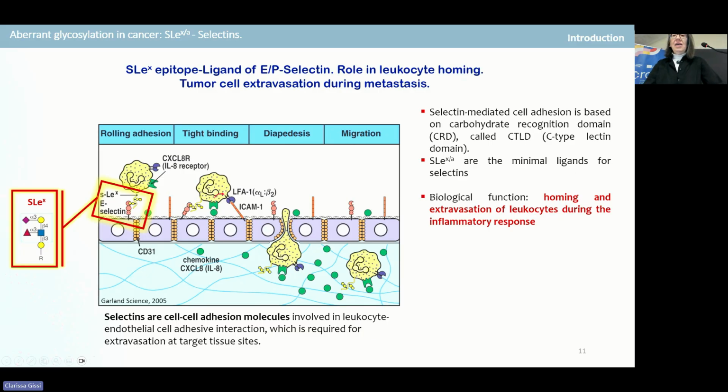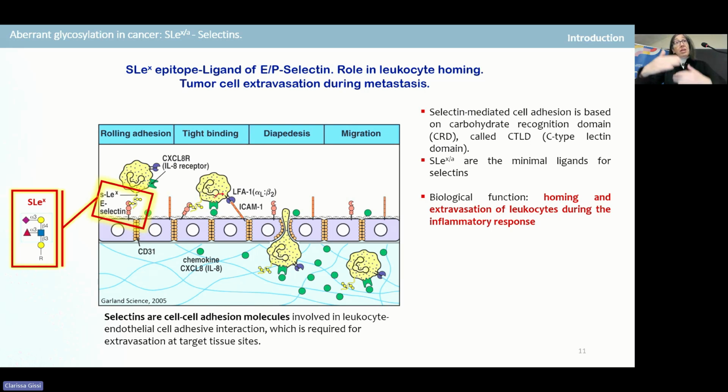For doing that, the selectins have a carbohydrate recognition domain, and these sialyl-Lewis X and sialyl-Lewis A are the minimal ligands for selectins. The biological function is this homing and extravasation of leukocytes during the inflammatory response.